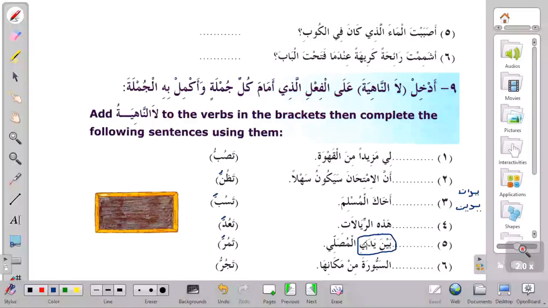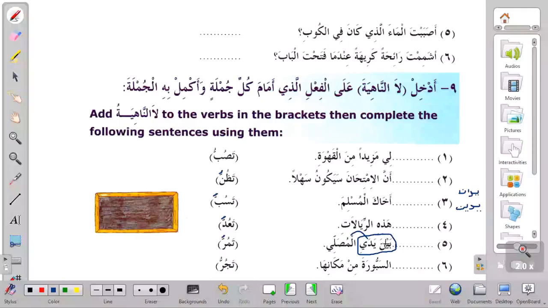But you can see it is mudaf to this one also. So this yaday is in the middle. It is mudaf ilayh to bayna, and it is mudaf to the musalli again. So at the same time, it is mudaf and mudaf ilayh.